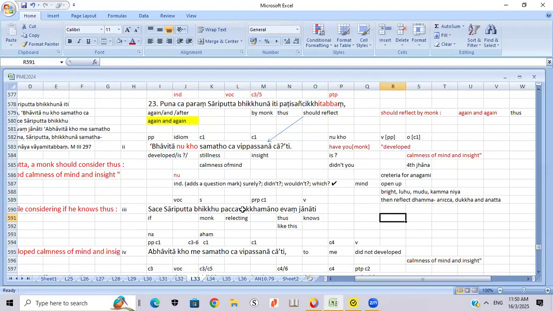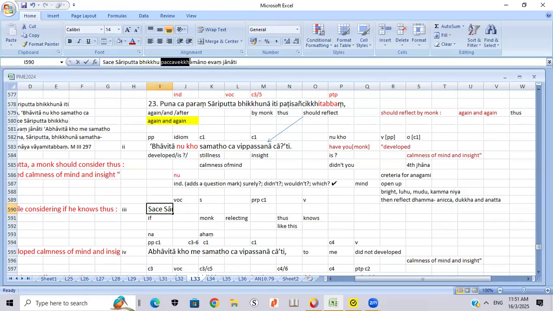Okay, you see, Sace, Sariputta, bhikkhu. Can you see this word and this word are the same? This is reflect. This is also reflect. It's the same word. This is mano. This is PRP, reflecting.